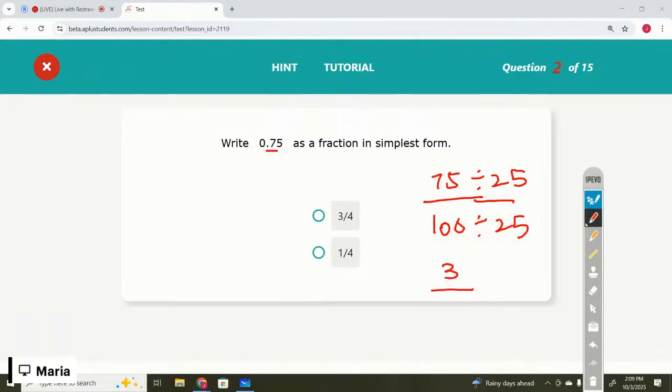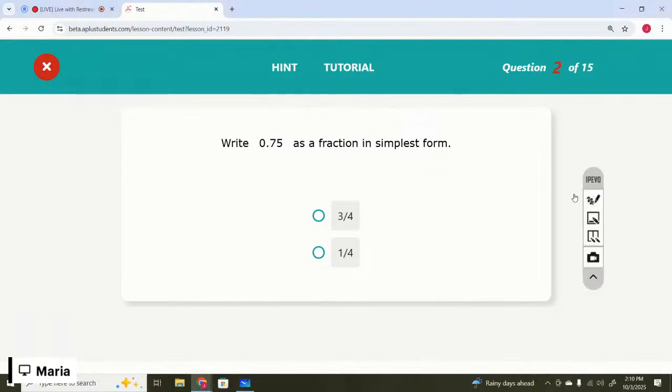So 75 divided by 25 is 3 and 100 divided by 25 is 4. So that is 3 over 4. The correct option is 3 by 4. Option number 1 is the correct option.